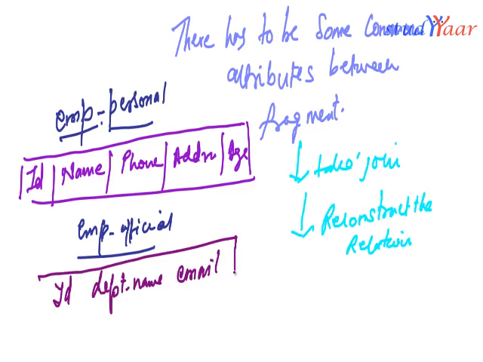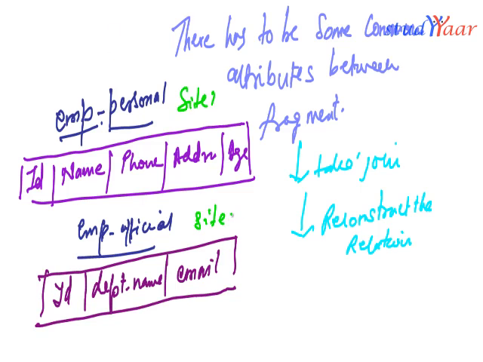This is my next fragment. This I can keep at site 1, and this I can keep at site 2. Therefore, I say my employee relation is vertically fragmented into two relations, employee personal and employee official.